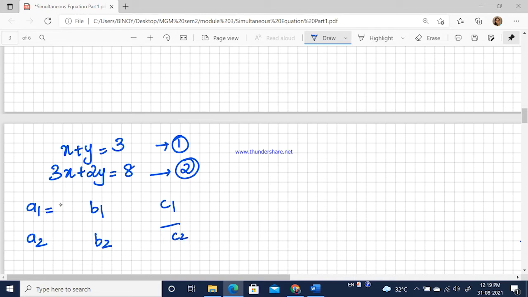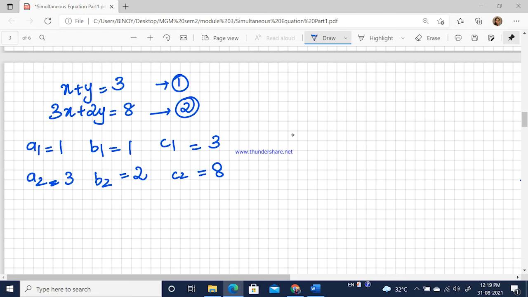So a1 is 1, b1 is 1 and c1 is equal to 3, whereas a2 is equal to 3, b2 is equal to 2 and c2 is equal to 8.